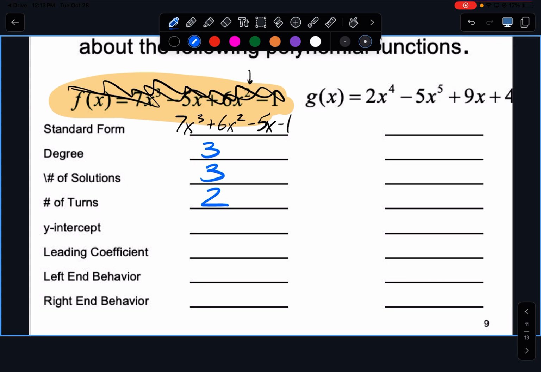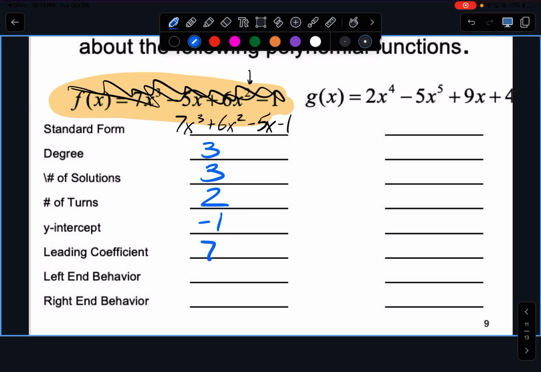All right, my y-intercept, this sounds hard, but it's not. What's my y-intercept? It's that constant that's at the end of the polynomial. It's going to be negative 1. My leading coefficient. What's my leading coefficient here, Jackson? Positive 7. It's important to know whether it's positive or negative.